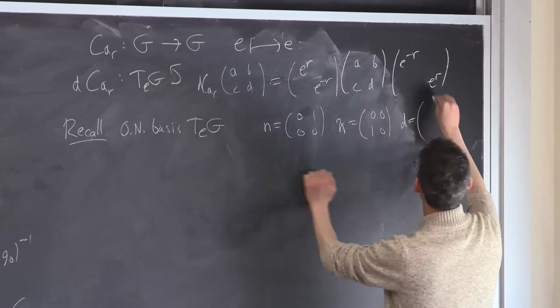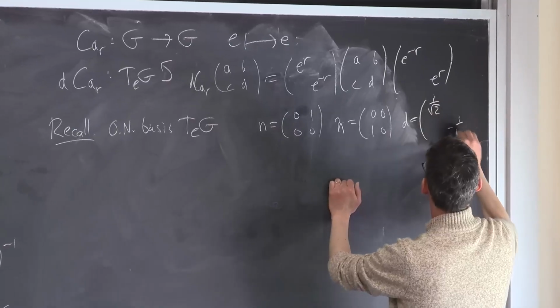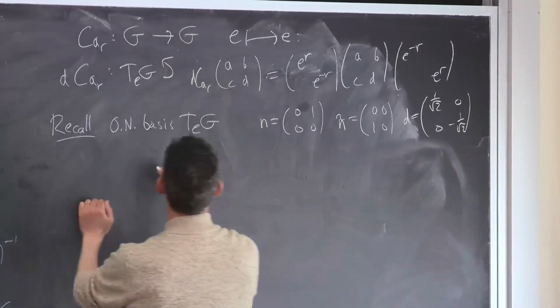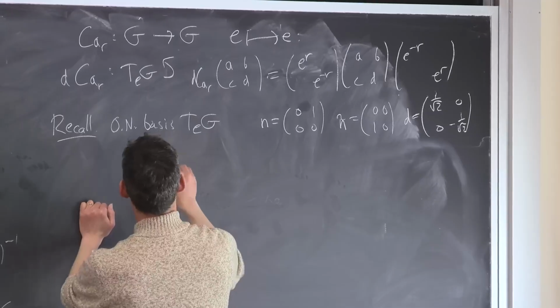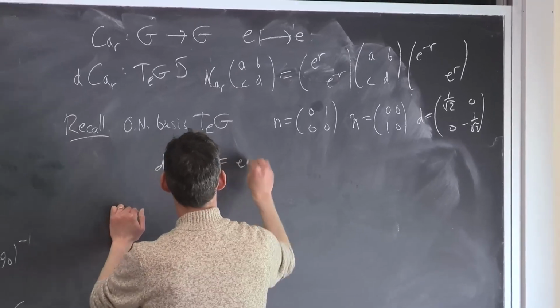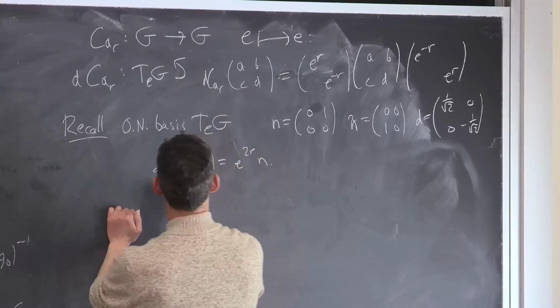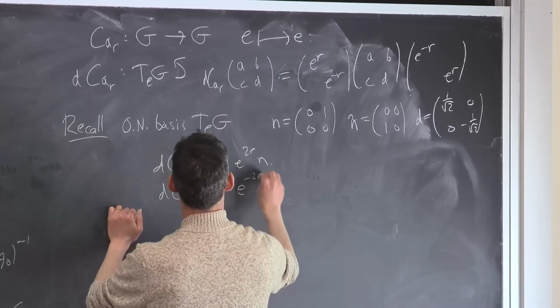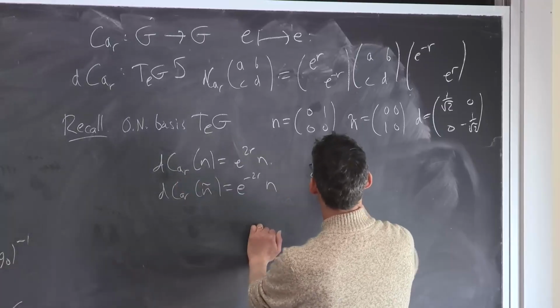And there's a diagonal guy, which looks like this. What we figured out is that the conjugation makes n way bigger, it makes ñ way smaller, and it leaves the diagonal fixed.